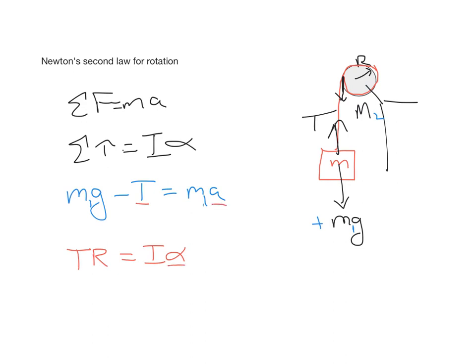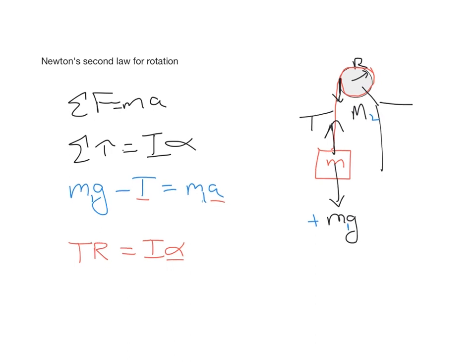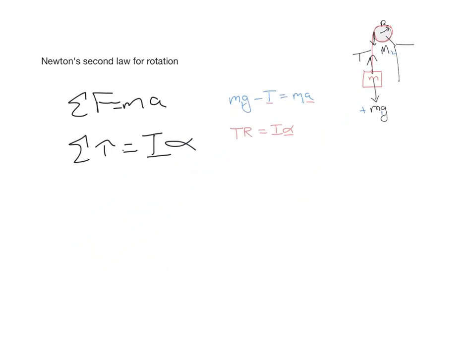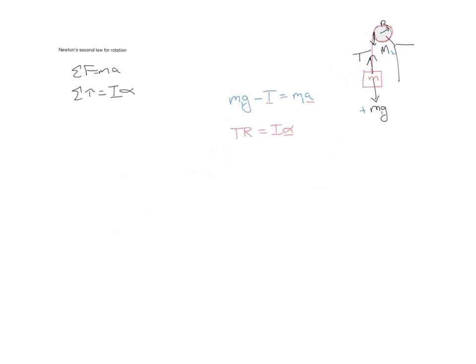So let's combine what we have and solve for unknown. Again, usually you want to solve for the linear acceleration first. We know in the angular direction that the linear acceleration is related to the angular acceleration through this equation.